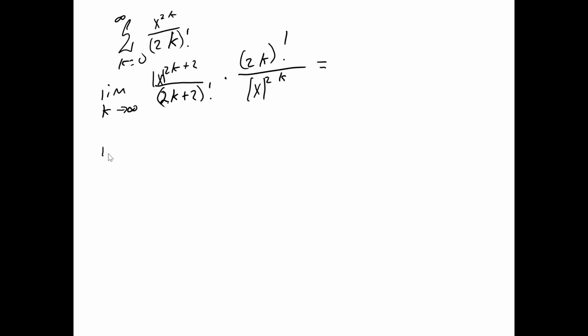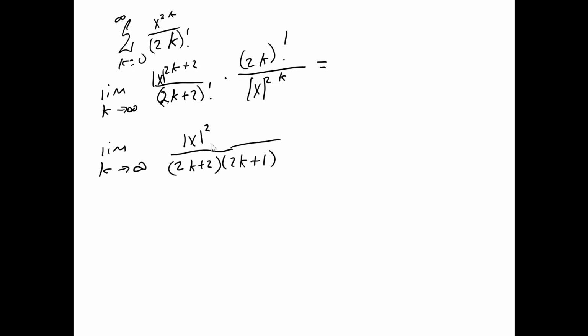Again, this cleans up to the limit as k goes off to infinity. When you subtract the exponents, you get the absolute value of x squared. When you break off factors from the factorials, you get 2k plus 2, and then 2k plus 1. And then when you get to 2k, the 2k factorials will go away. So this is what you get.